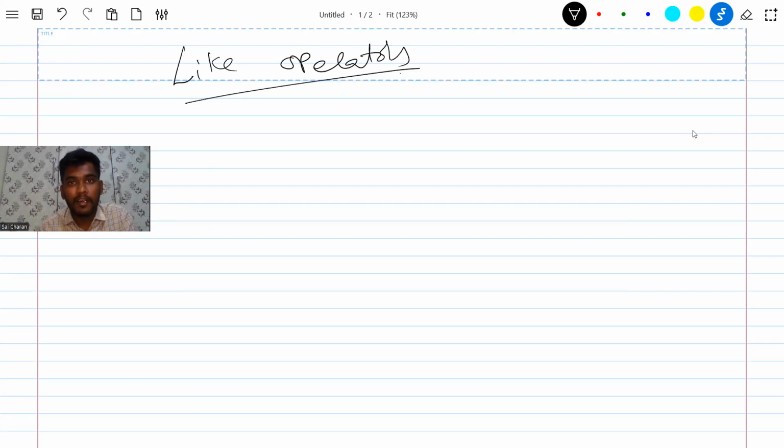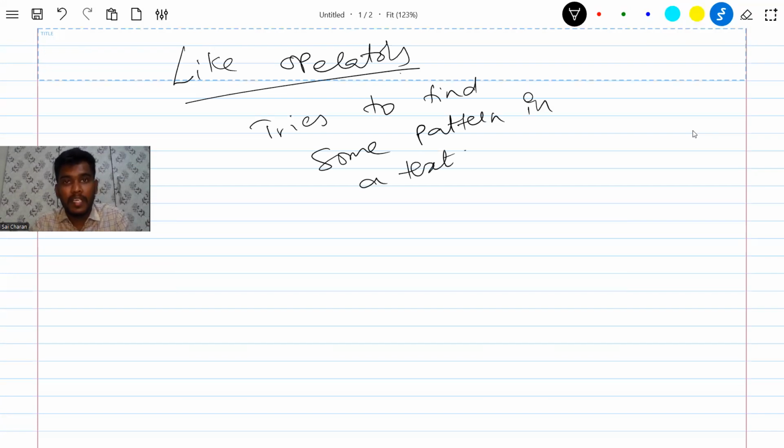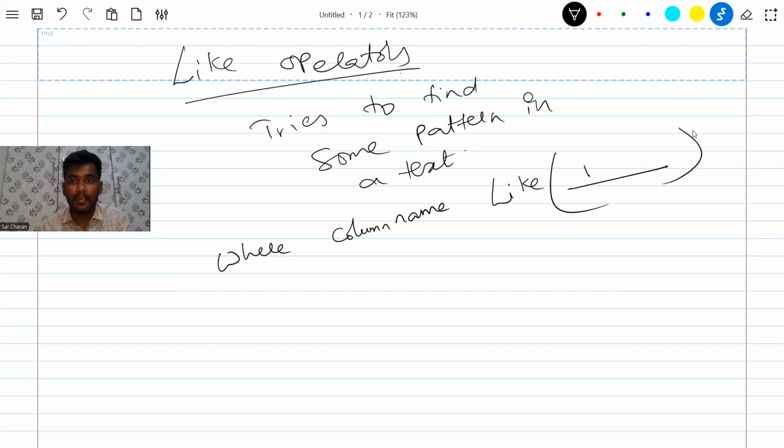What is this like operator? Generally the like operator tries to find some pattern in a text. The syntax goes like this: where column name like, and then we specify the pattern, so that it checks whether the pattern occurs in the text or not.